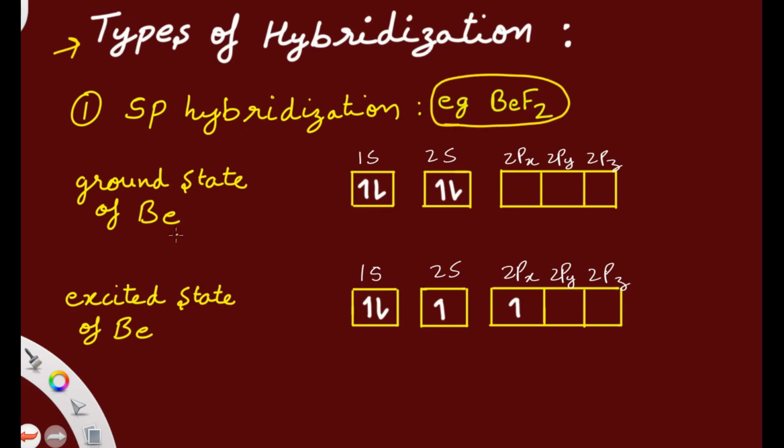Now the ground state of beryllium is this: 1s orbital contains 2 electrons, 2s orbital contains 2 electrons. In the excited state, 1 electron will jump to the p orbital.